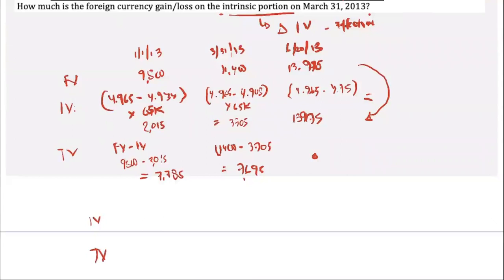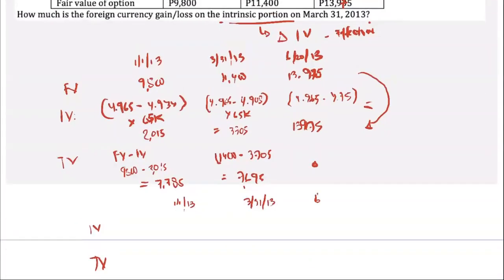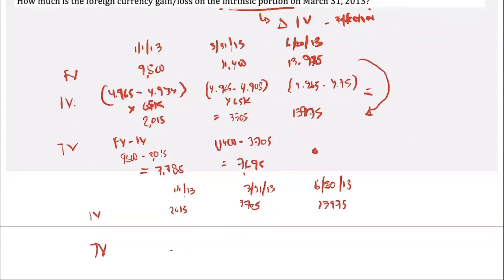On 1/1/13, 3/31/13, and June 2013, we have already computed our intrinsic values: 2,015, 3,705, and 13,975. For our time value, we have 7,785, then 7,695, and also 0. So we just compare the differences.